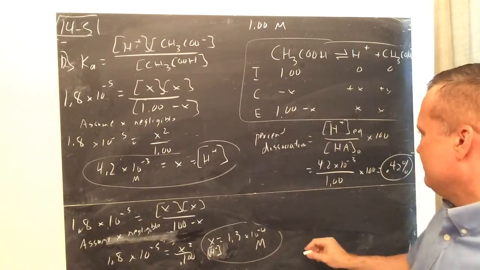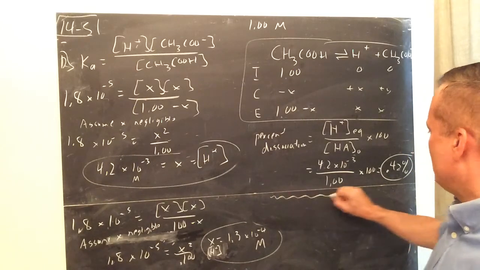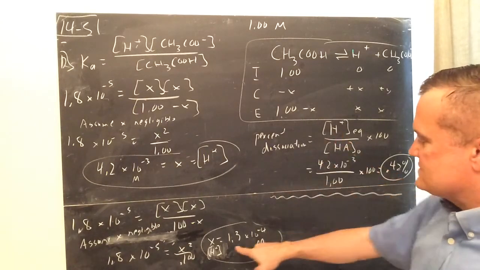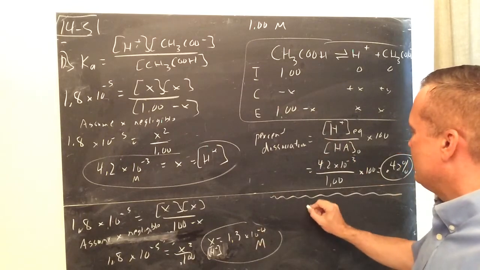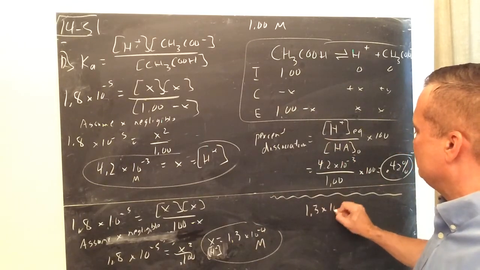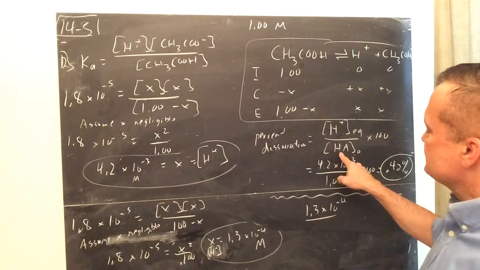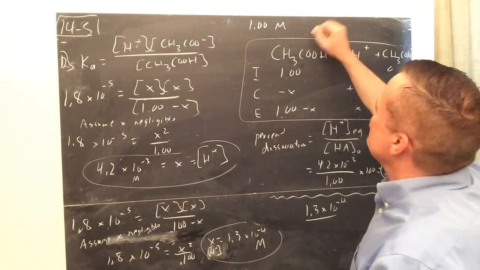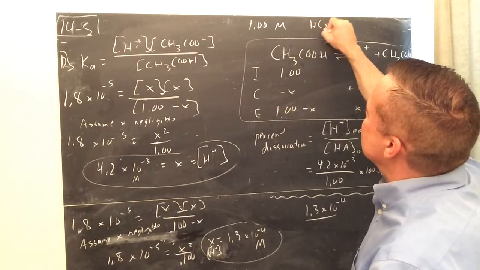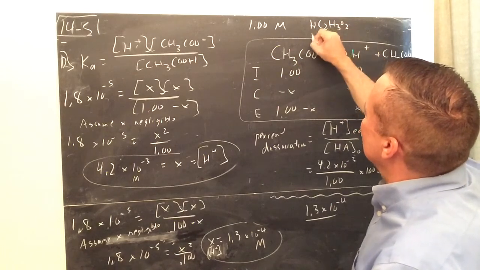Now for the other problem, the H plus at equilibrium is 1.3 times 10 to the negative 4. On that one, your original acid, HA, in this case you could also write acetic acid as HC2H3O2.